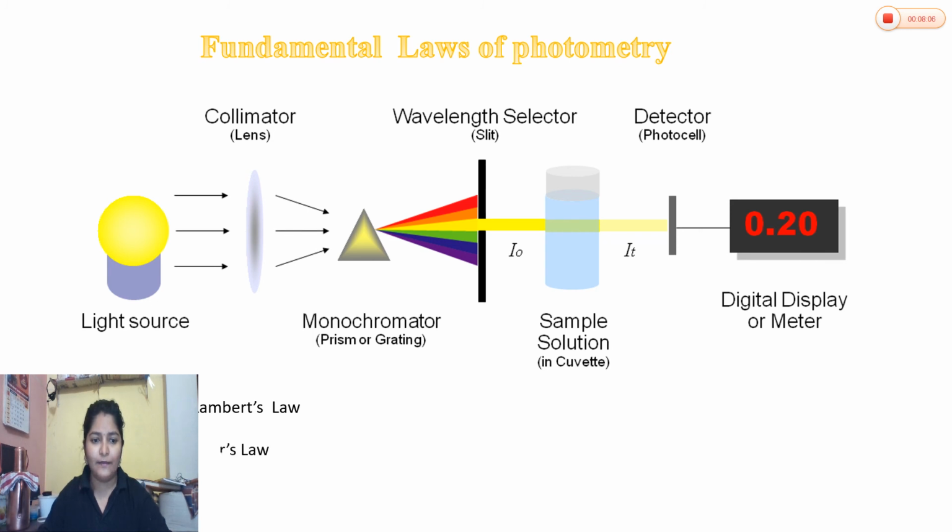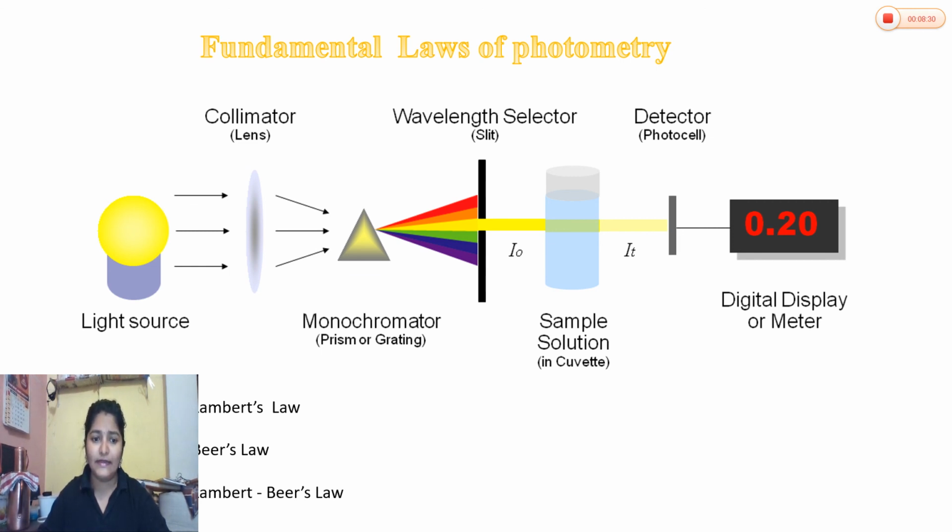The next important law is Beer's law. When a beam of monochromatic light is allowed to pass through a transparent medium, the rate of decrease of radiant power with the concentration of the medium is directly proportional to the radiant power of the incident light. That means absorbance is directly proportional to the concentration of the medium.